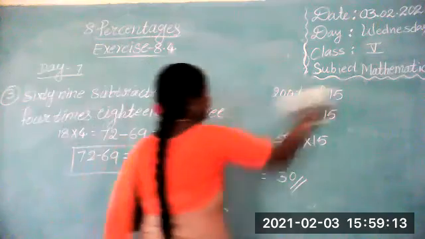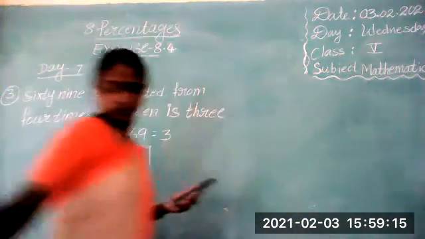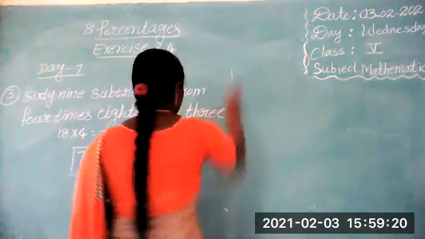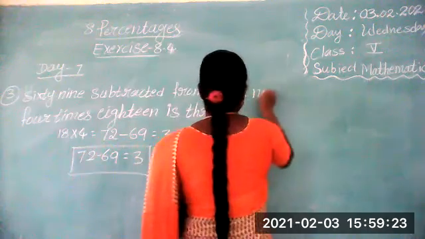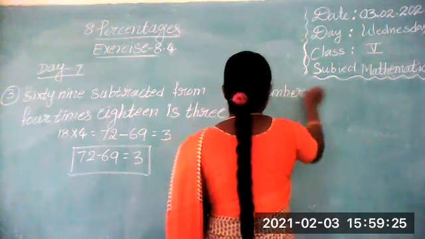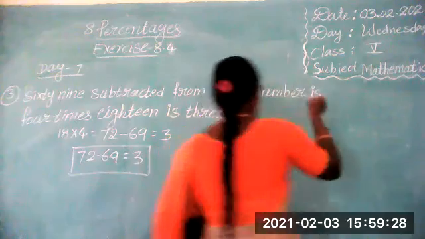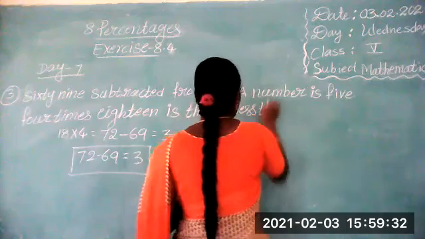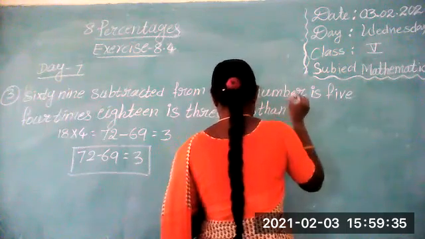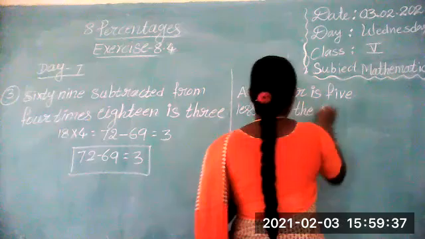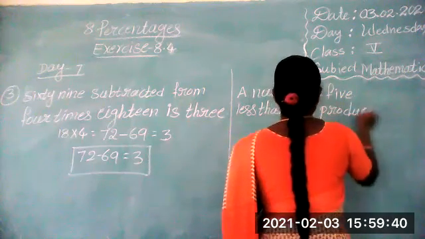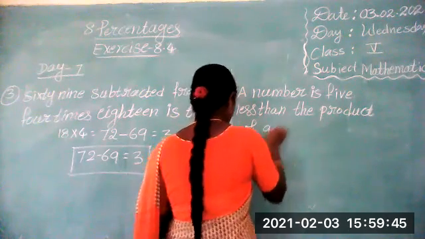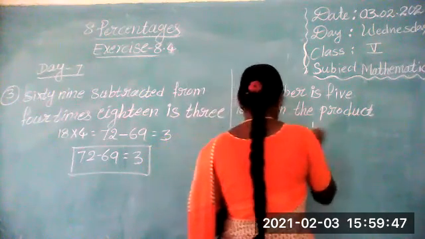Fourth one. A number is 5 less than the product of 95 and 3.